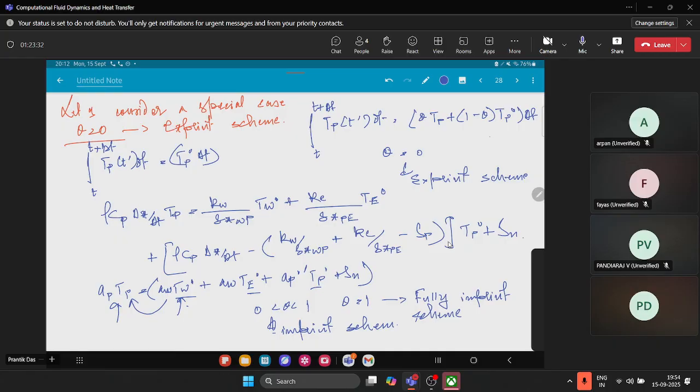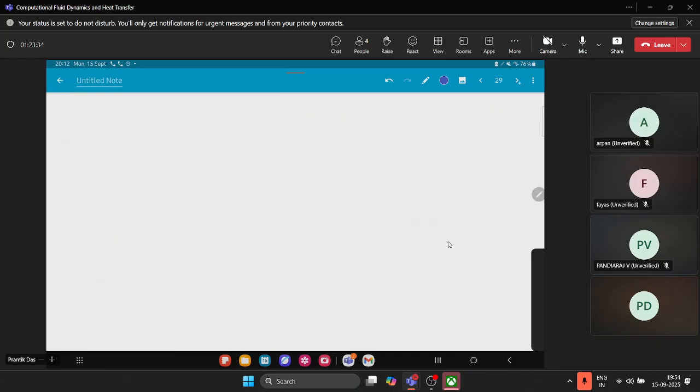Going to the equation itself, AW is KW by delta x WP, and AE is equal to KE by delta x PE, and AP naught is equal to rho C delta x by delta t minus KW by delta x WP plus KE by delta x PE minus SP.